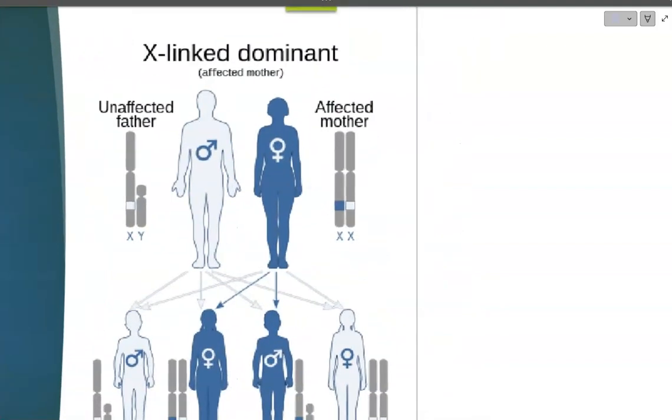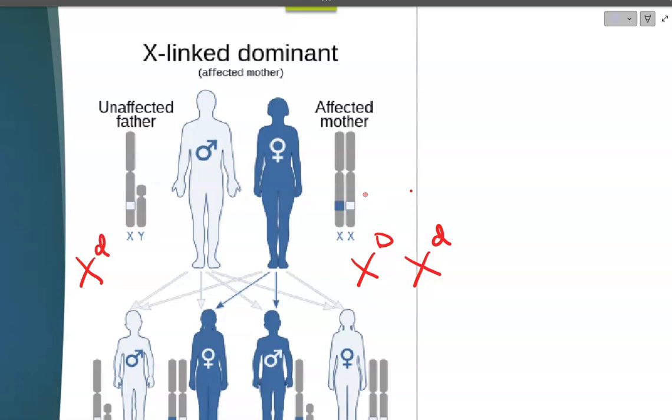So let's say we have a mother who has that trait. We'll use the letter D for this. So she has the trait and the dad doesn't have the trait.